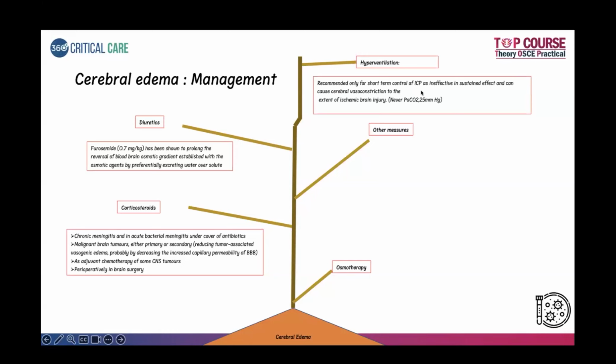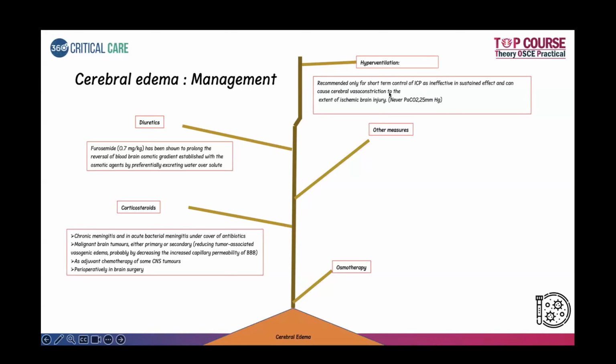Hyperventilation is recommended only for short term for control of ICP, as the effect is not sustained and there is rapid equalization or rapid homeostasis, thereby the effect of hyperventilation gets reversed because of the body's accommodation, but it can be used as an urgent measure to control acute rise in ICP.